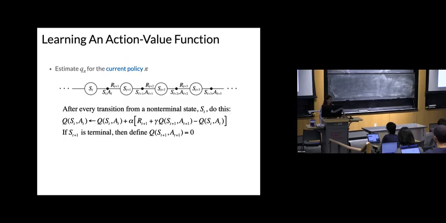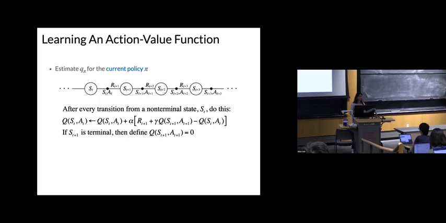All right. So now we will go to the control problem. Would somebody like to remind us how we did control with Monte Carlo methods? Control means find an optimal policy.